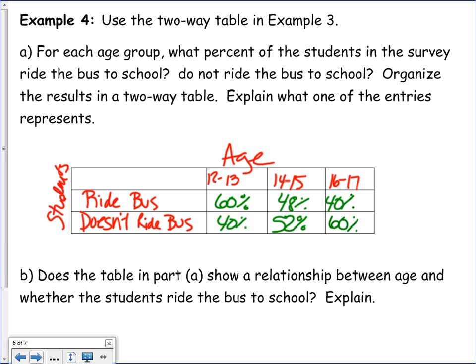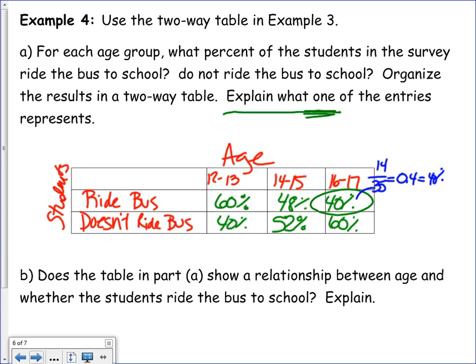Now we organize the percent of students in each category, the ride the bus, do not ride the bus, in a two-way table. But now we need to explain what one of the entries represents. We can pick any one. I'm just going to pick this entry. To explain what that means, since there were 14 out of 35, that equals 0.4, which equals 40%.